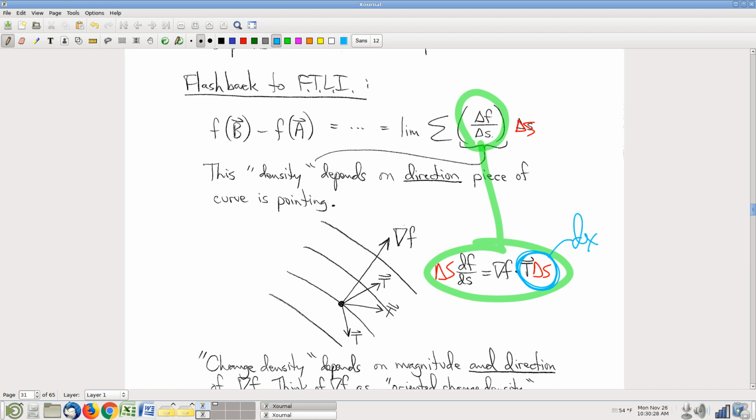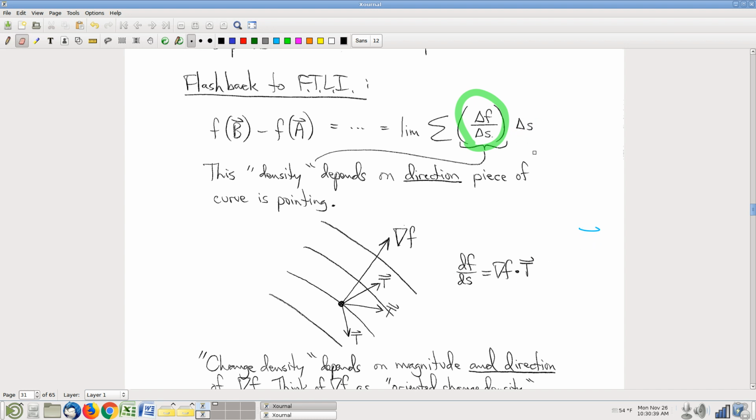So at the time we wrote gradient f dot dx, which is perfectly fine, perfectly equivalent. I don't want to do it that way here, because here I want to think of it as a density. I want to think of this thing as something that I multiply by length to get quantity. So we're leaving it as a density here, thus the slightly different form.